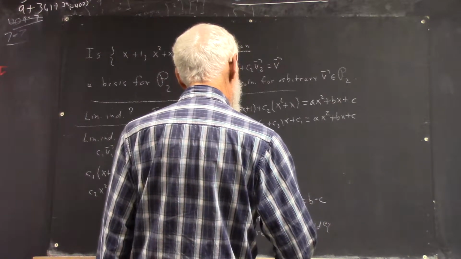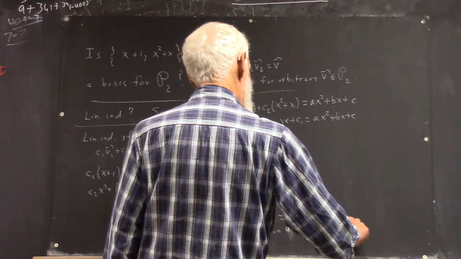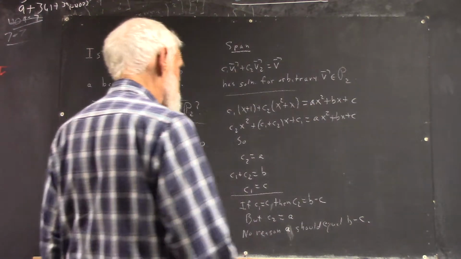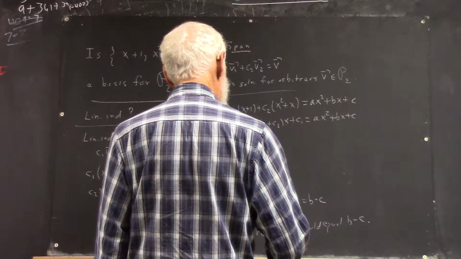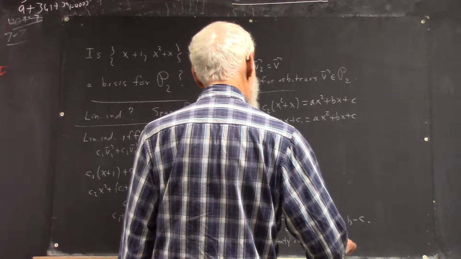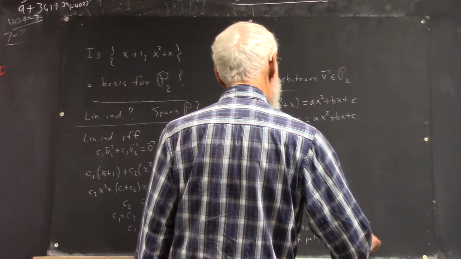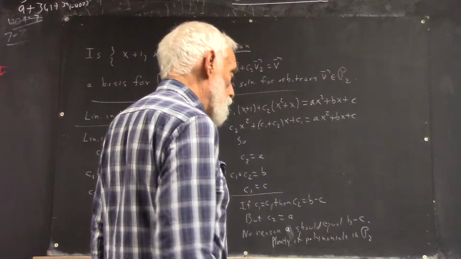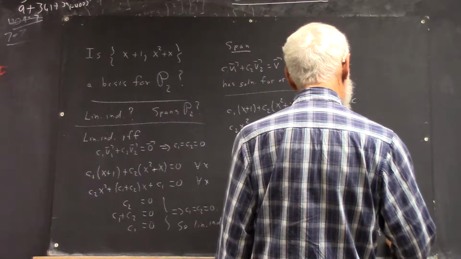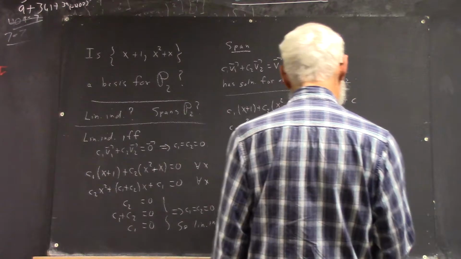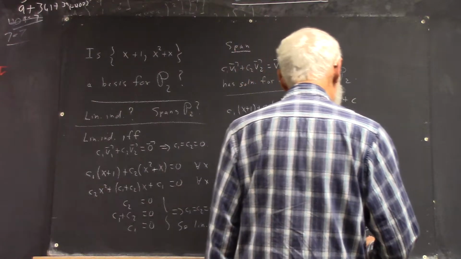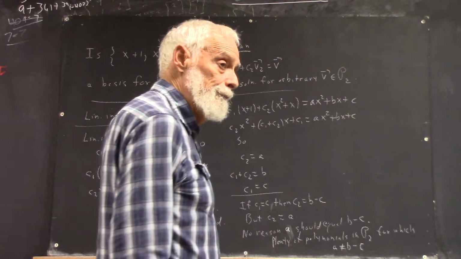There's no reason a should equal b minus c. There are plenty of polynomials in P2 for which a is not equal to b minus c.